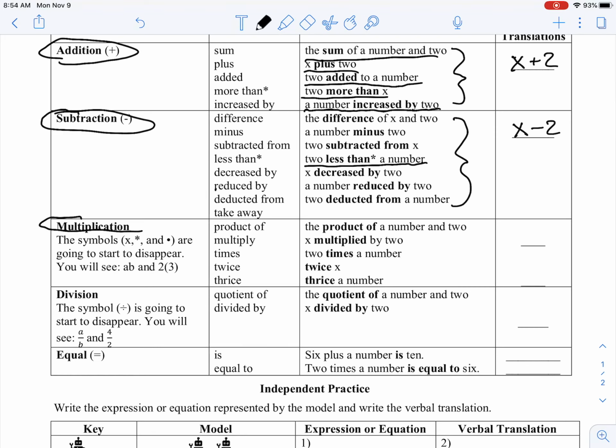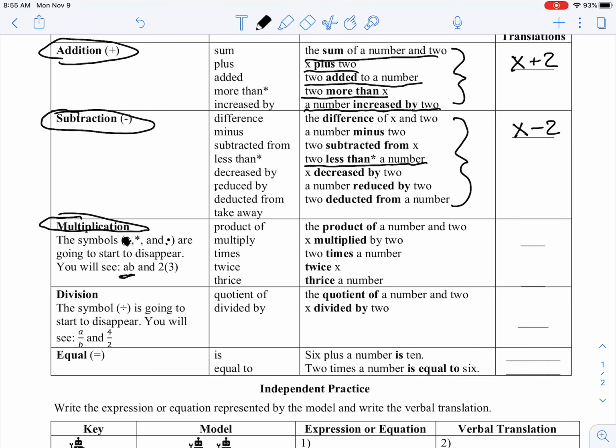Next, we are dealing with multiplication. Remember, there are many ways we can show multiplication. We want to stop using x because we're going to start seeing that as a variable quite a bit. So different ways, we've got a star, a little multiplication dot. These are all going to start going away pretty soon.